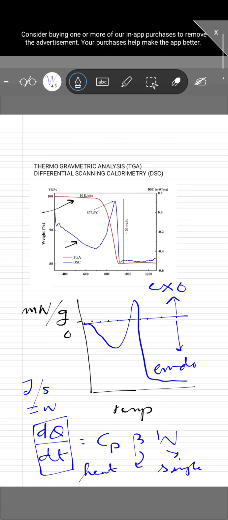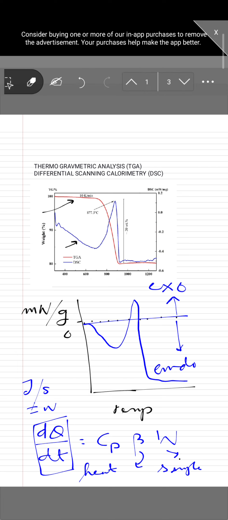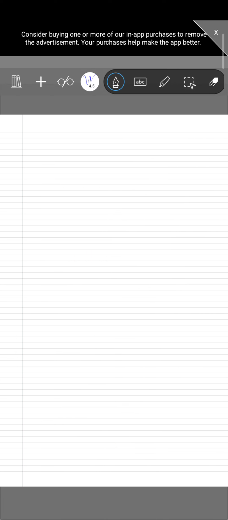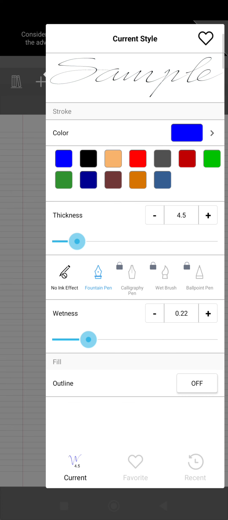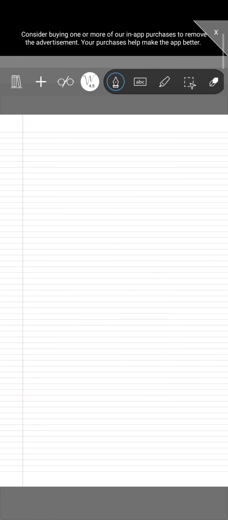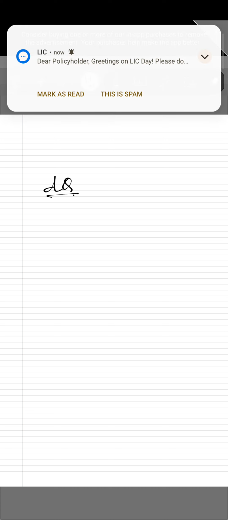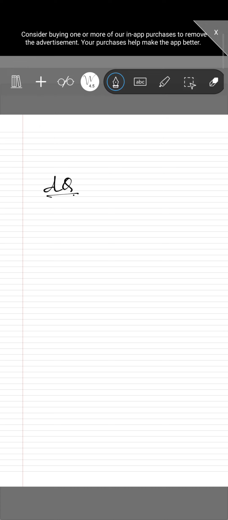So let's write down the expression once more. You have dq by dt is equal to Cp beta W. So this is joules per second, this is in grams.